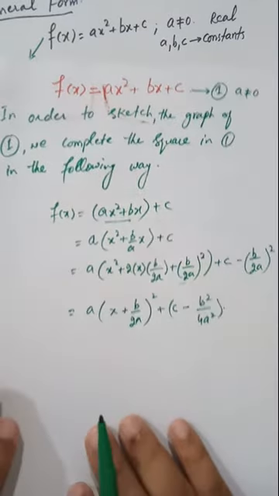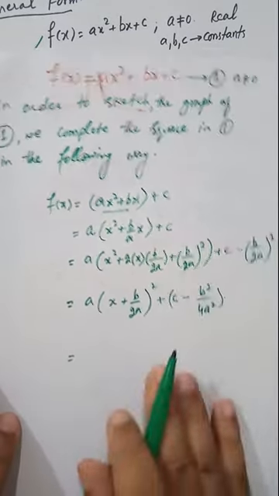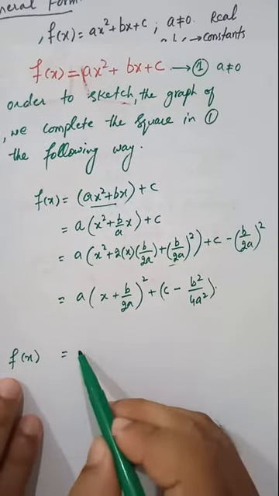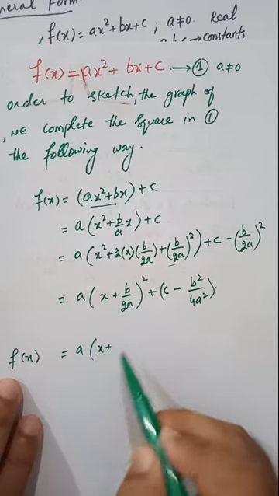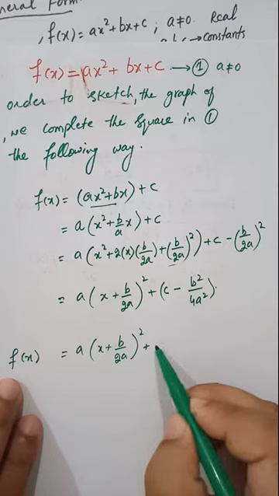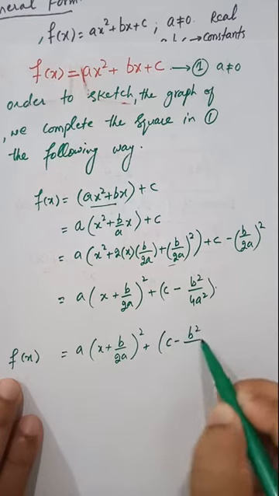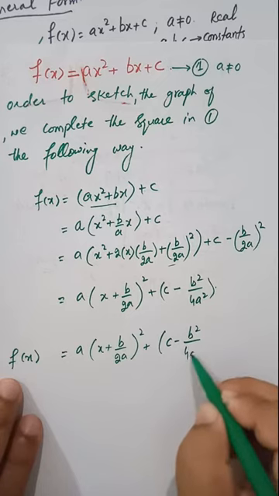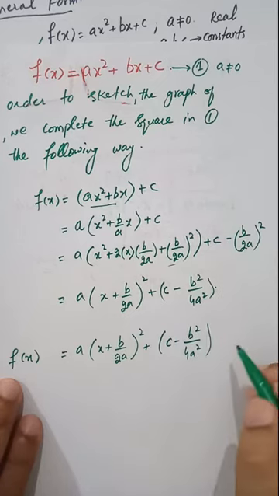This is clear. So this implies that f of x is equal to a times x plus b by 2a whole square plus c minus b square divided by 4a.